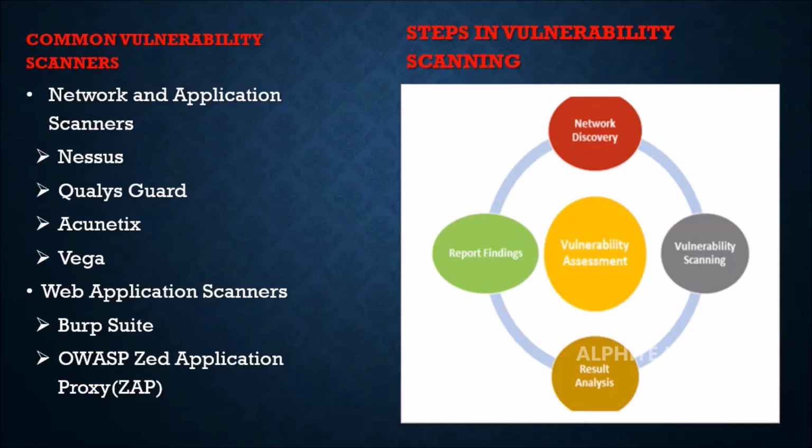So the steps in vulnerability scanning. First thing is network discovery, or identification of assets, meaning what I need to scan first. It could be a huge network with 50 Windows servers, say 200 Windows servers, or 150 Linux servers, and 50 mainframe systems, along with the desktops.